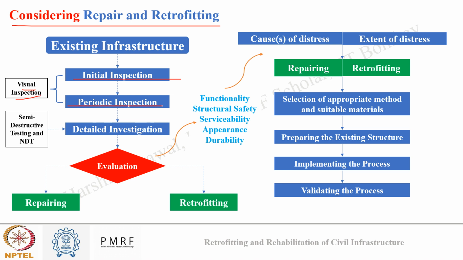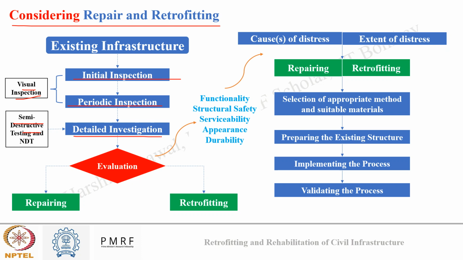Then we go for periodic inspection, in which we examine the structure again visually, but at a much deeper level. Once we realize the possible areas where the structure might have been affected, or see several spots of damage, we go for semi-destructive and non-destructive testing, and that comes under detailed investigation.